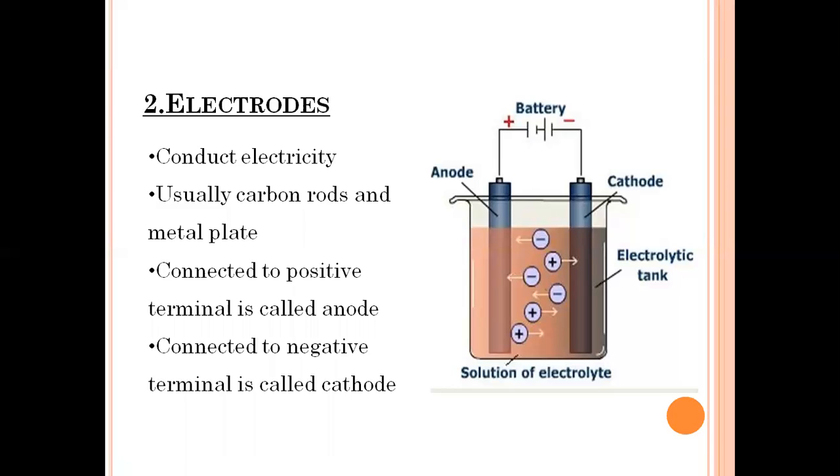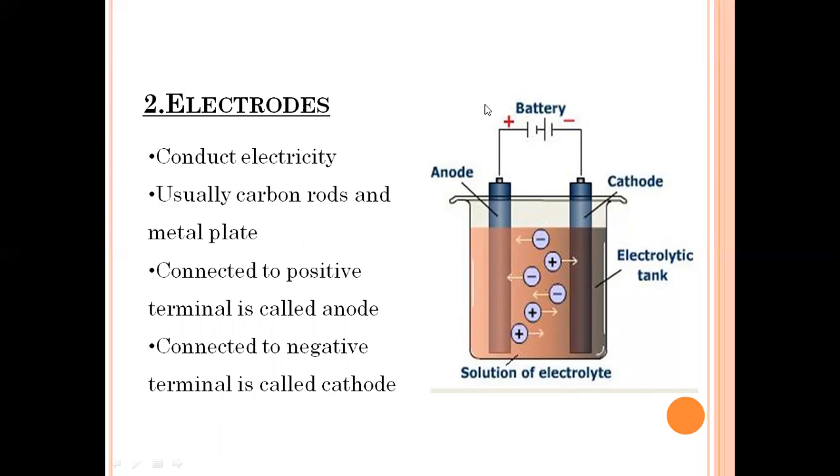Electrodes, there are two electrodes. One is the anode and the second is the cathode. In the battery there are two terminals, positive and negative. The positive terminal is attached to the anode and the negative terminal is always attached to the cathode.